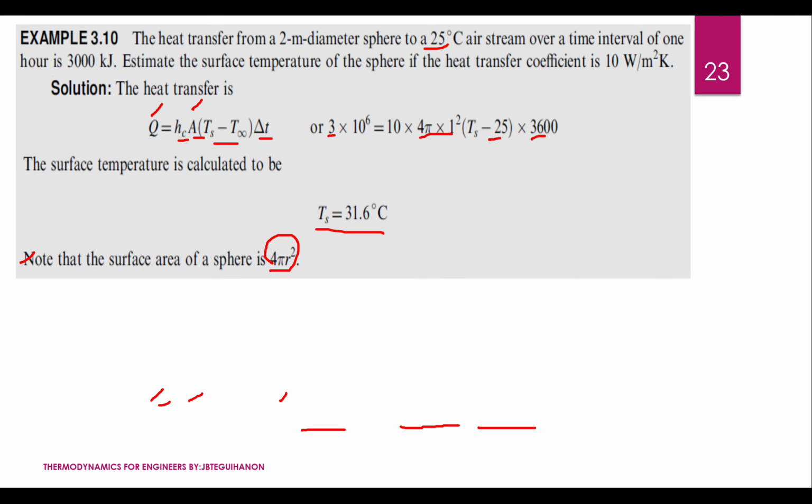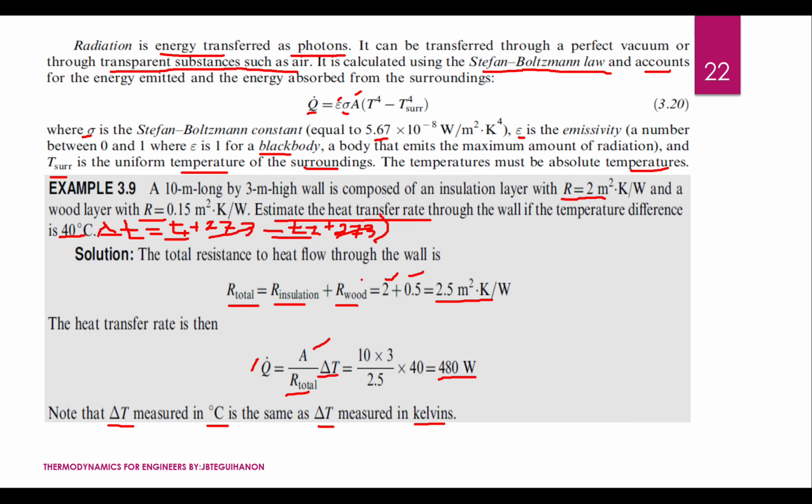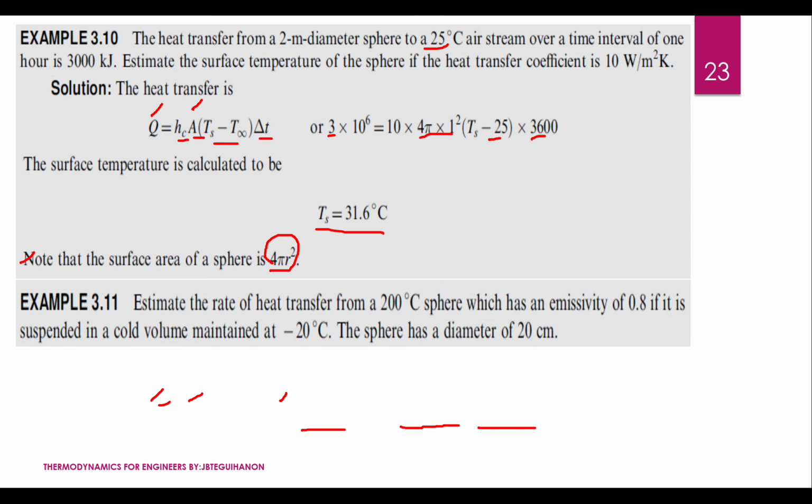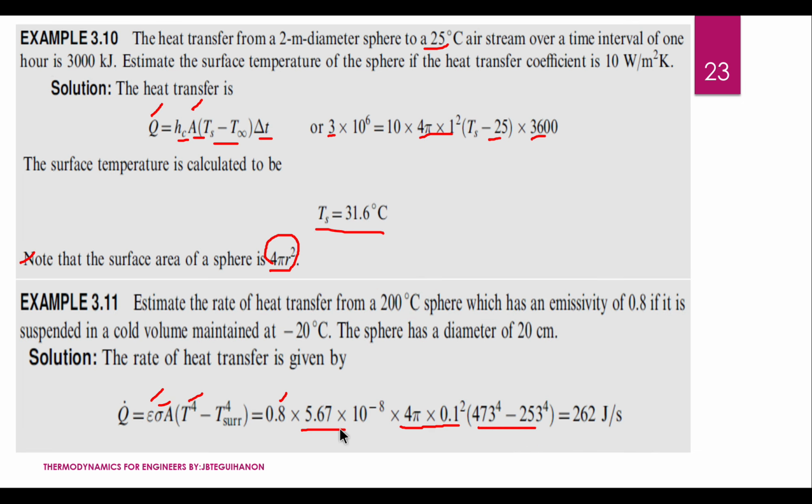So, balikan natin yung 5.67 times 10 raised to negative 8. Constant yan. Okay? Yan yung ginamit niya dito na value. Doon sa mga nagtatanong saan galing yan. Constant yan. Okay, that's all for tonight. Thank you very much.